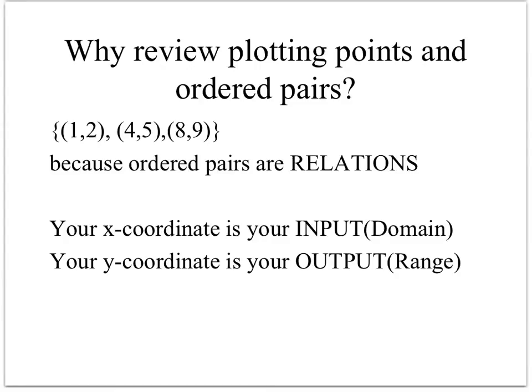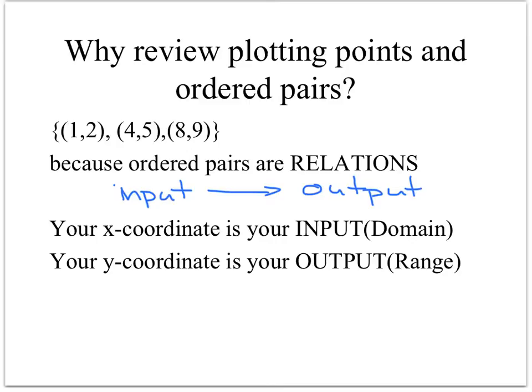Well, relations just tell you where a certain input outputs to. So right here, if you have an x coordinate of 1, you get a y coordinate of 2. If you have an x coordinate of 4, you have a y coordinate of 5. X coordinate of 8, y coordinate of 9.